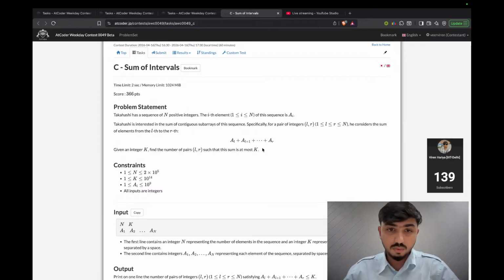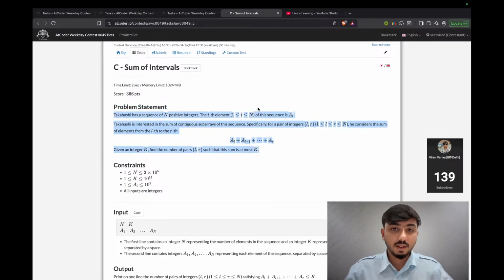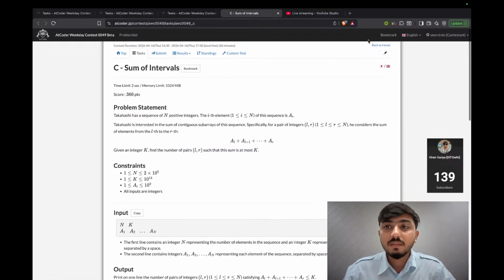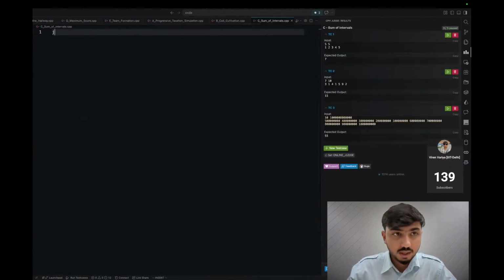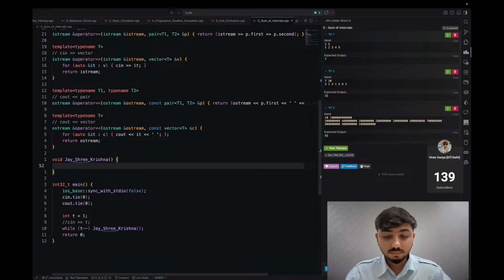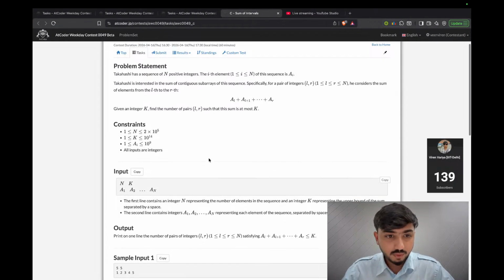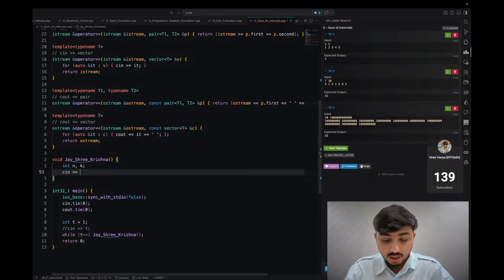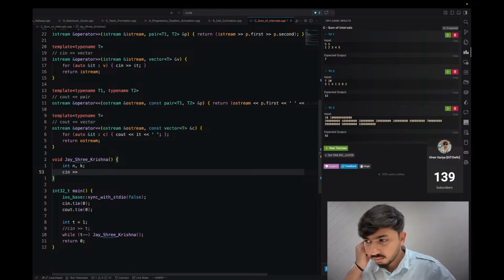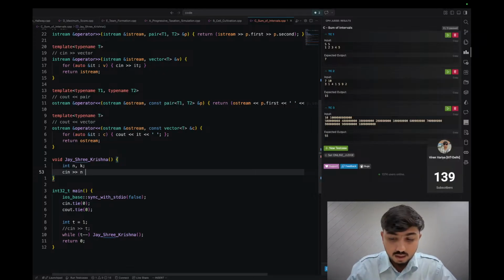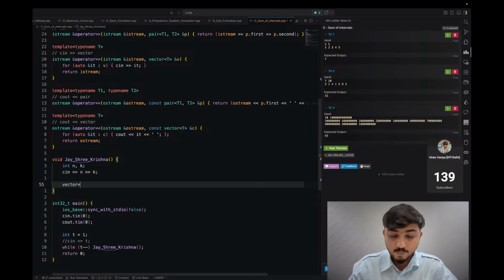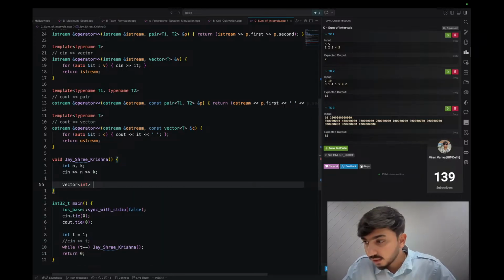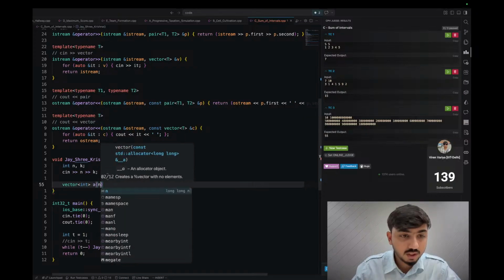See, we can do this question by prefix sum. I have an idea in my mind. Let me implement first and we'll explain later. N and K, need to take input. Okay, N and K. I thought someone messaged on chat, but it's fine, there's no one.